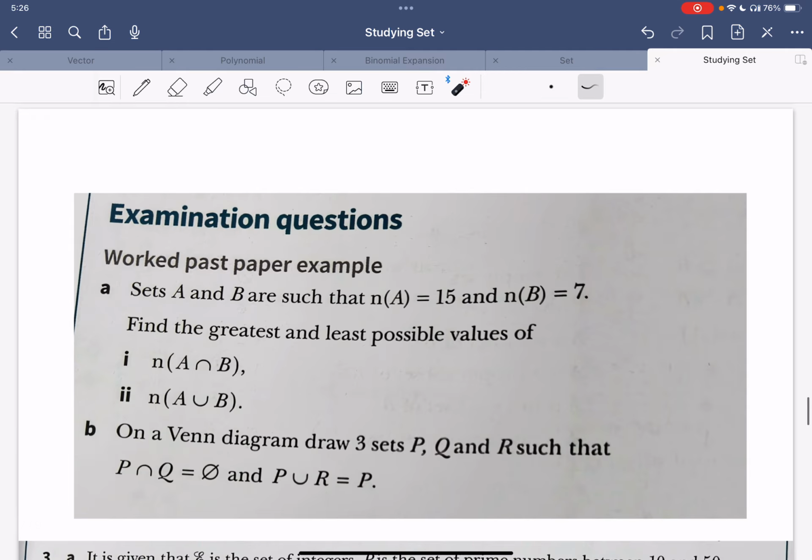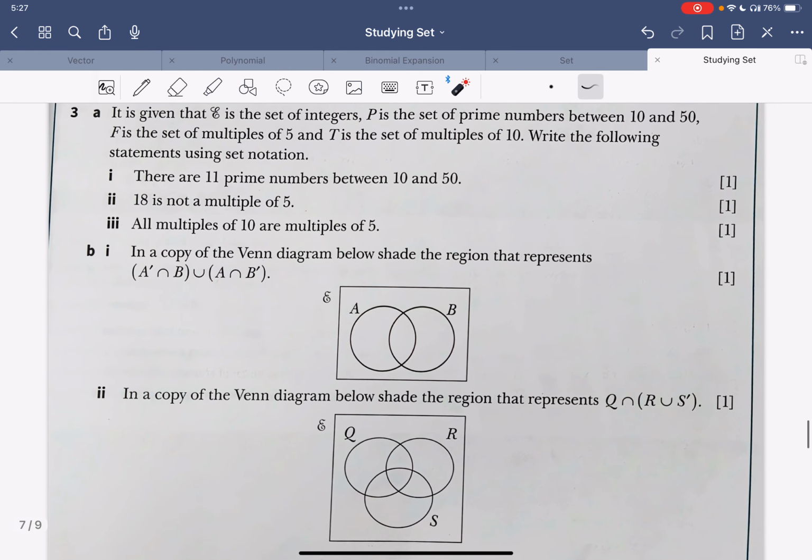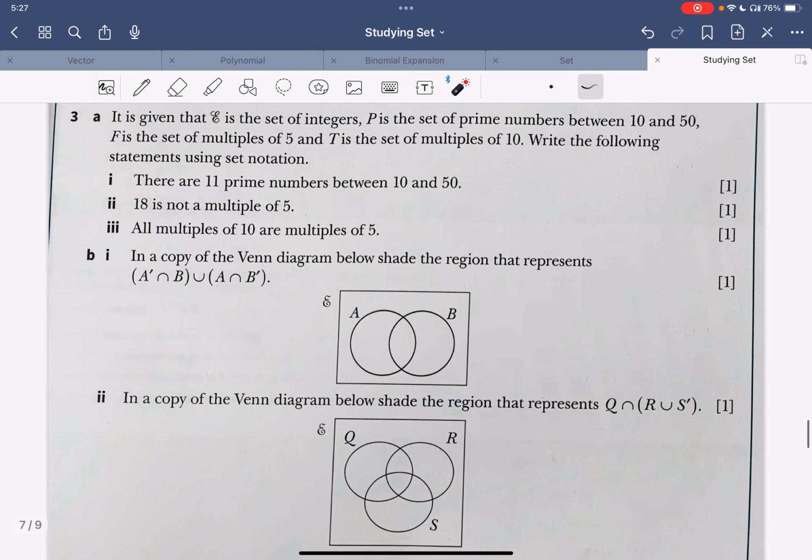And also this question, you can take a look. It's a past paper example. And this one, you can also take a screenshot if you like. I will upload and update the answers to these questions. If you need, you can leave a comment below.